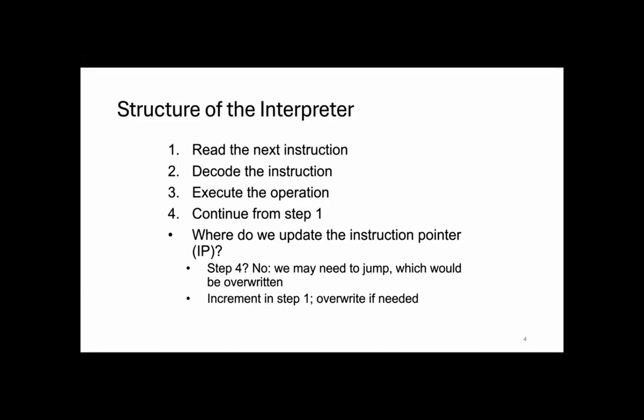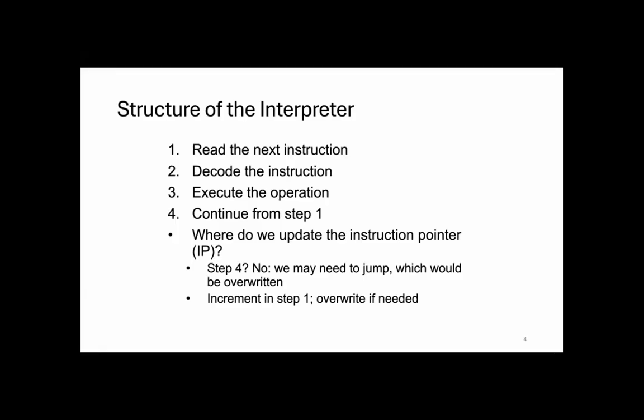An important question then is, where are we supposed to update the instruction pointer? Should we update it at step number 4, when we continue back to step number 1? Well, we sometimes need to jump, so if we update it there, it's going to be overwritten.